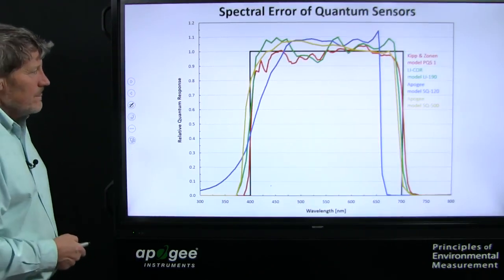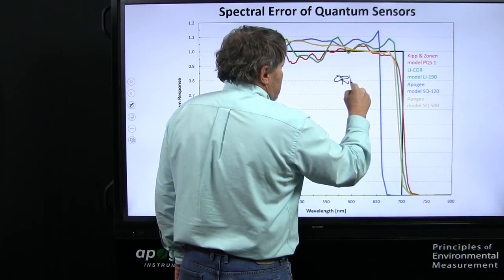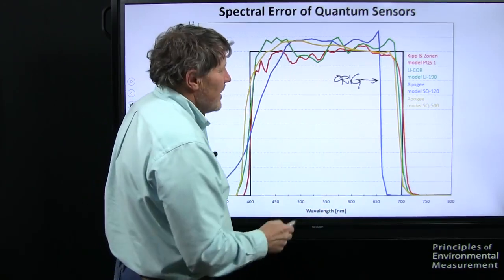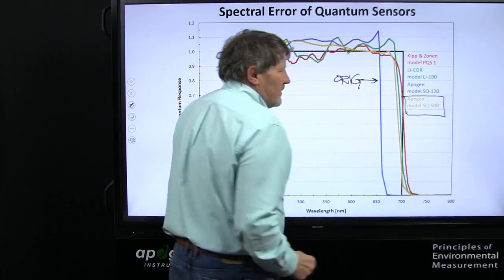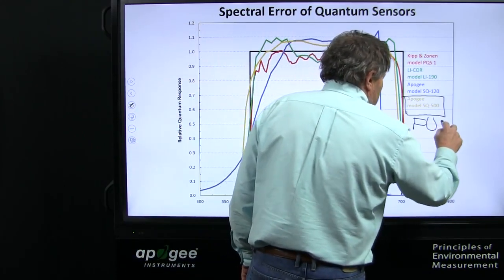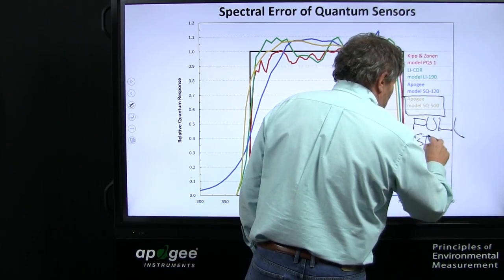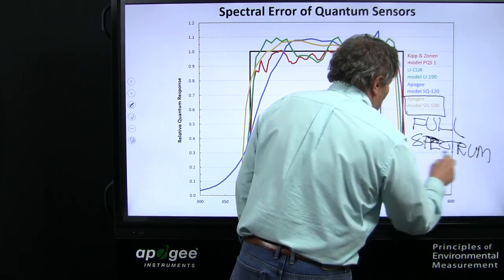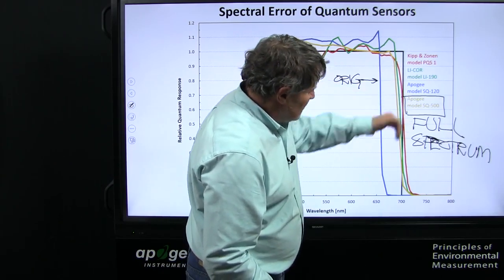Let's take a look. This is the original Apogee, that blue line that we just looked at. Apogee developed a full spectrum quantum sensor. That's this gold line right here that cuts off here.